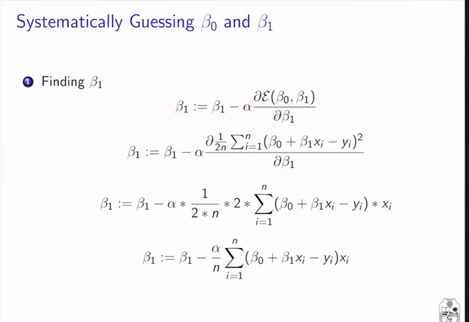Now, in order to find the value of beta 1 in our ordinary least square method, we need to use the partial derivative. I think all of you know what a partial derivative means. Partial derivatives are taken when the function involves more than one variable, like x, y, and we take the partial derivative with respect to one variable by keeping all other variables constant.